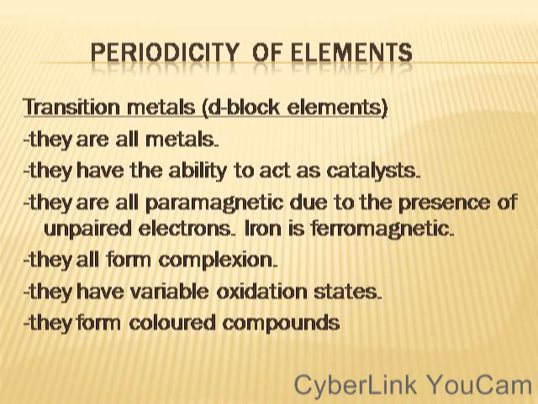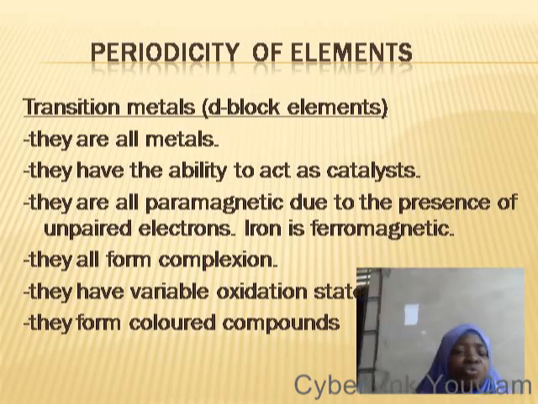They have variable oxidation states. Like for example, we have chromium 3, chromium 6. We also have copper 1, copper 2. We have iron 3, iron 2, and so on.